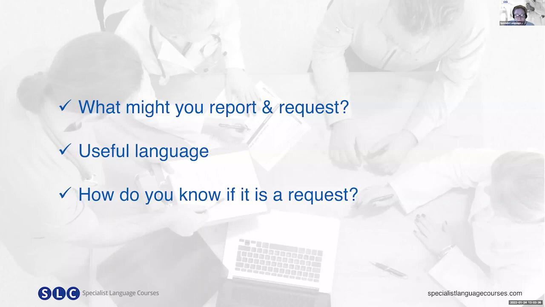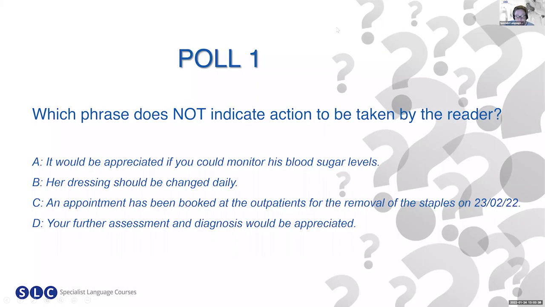So first of all, I'm going to launch a poll. There are 4 phrases here. Which phrase does not indicate action to be taken by the reader? Please vote in the poll now.